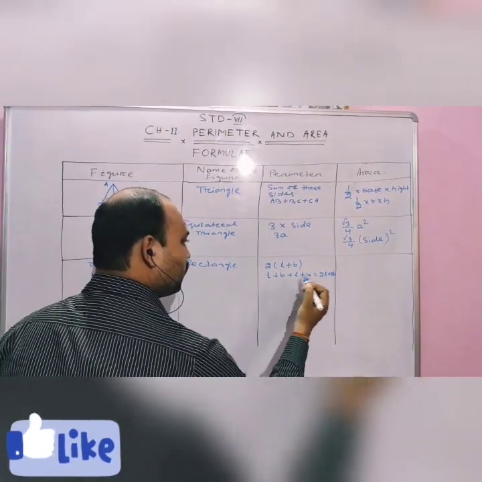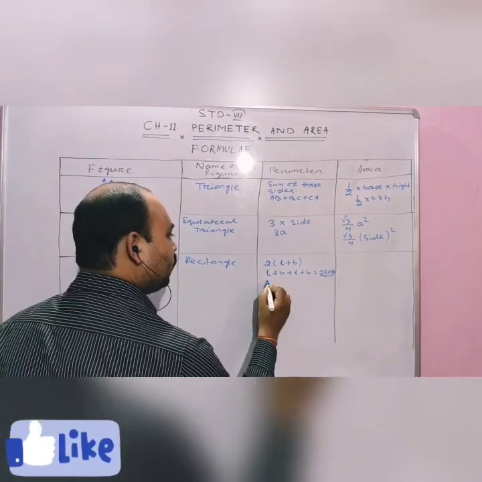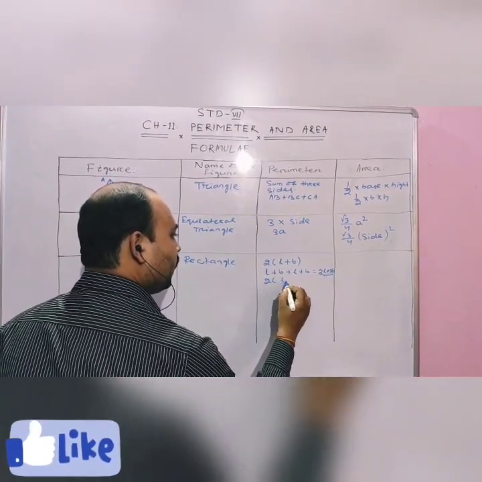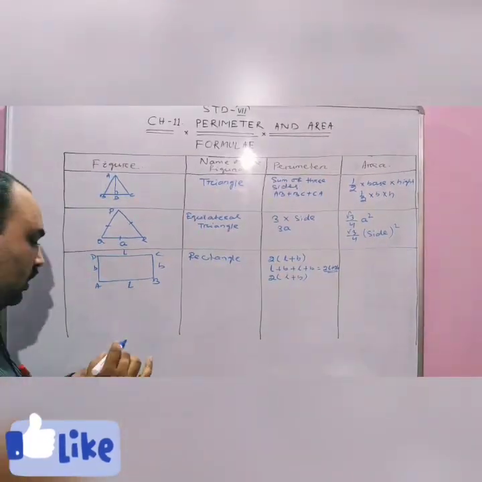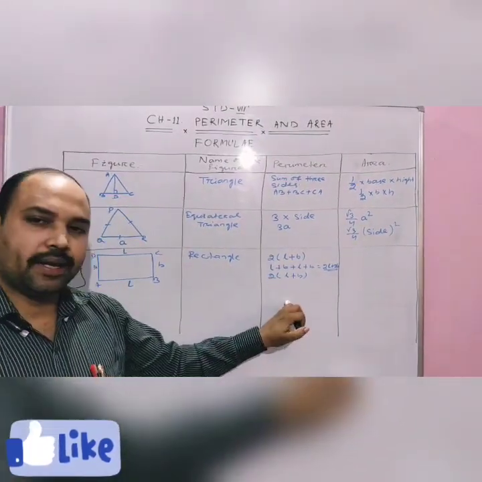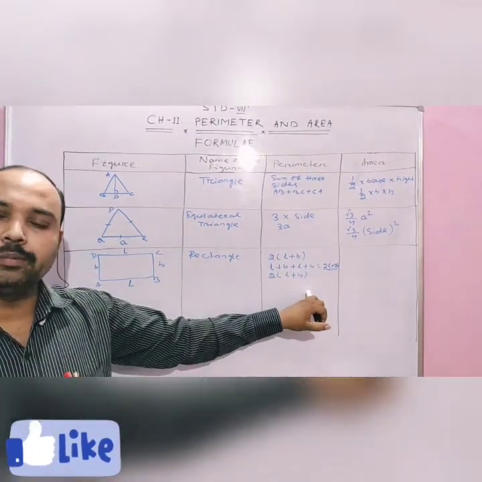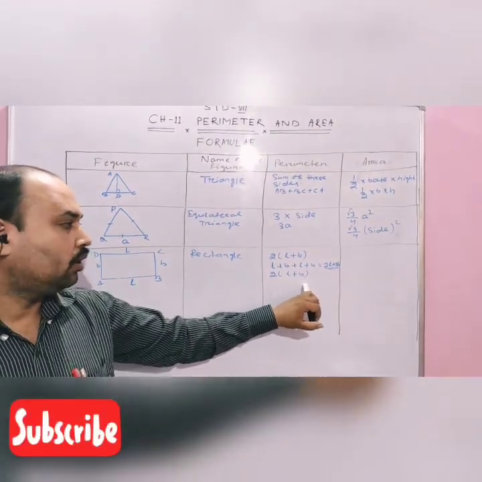When we take 2 common, we get 2 into L plus B. It means the perimeter of the rectangle equals 2 into length plus breadth.